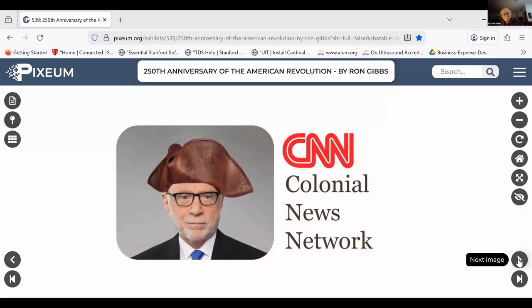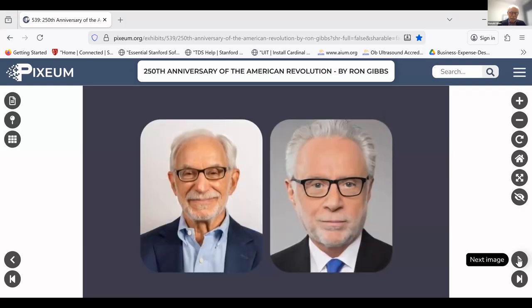And if you're wondering why I chose Wolf Blitzer, it's because I thought he looked so distinguished.